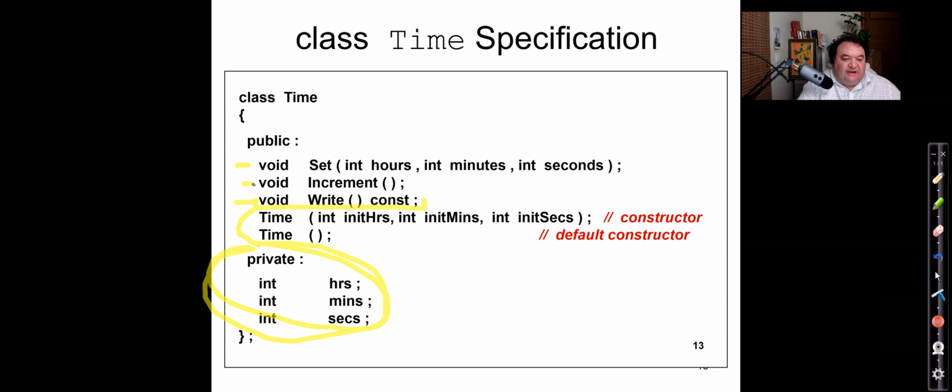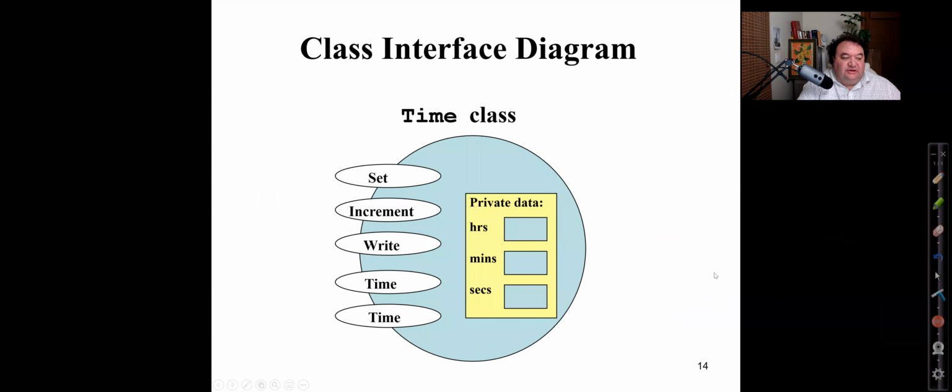And then, for example, we have a function that increments time or a function that sets time. All the others, other than write, are meant to modify the value of time, so they are not defined as const. Conceptually, this is the abstraction that we build. The external user interface has two ways of creating time, a way of writing time, one to set and one to increment time.